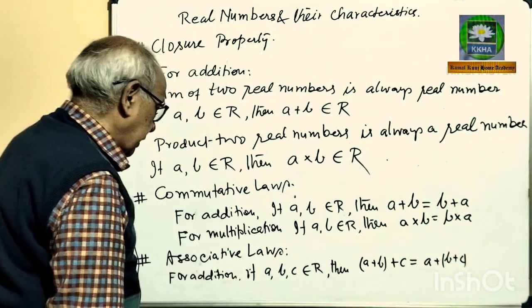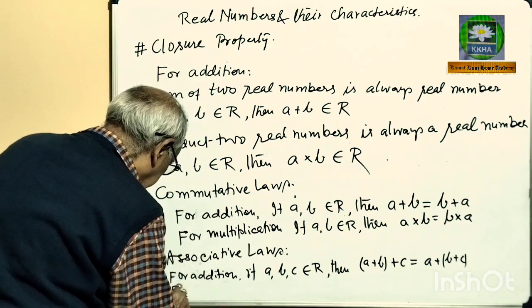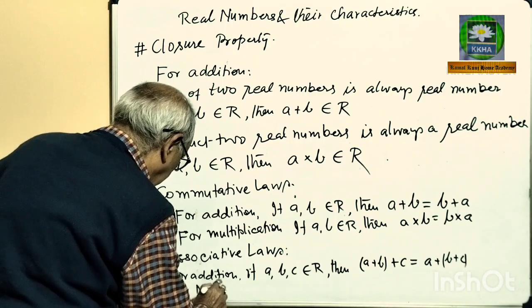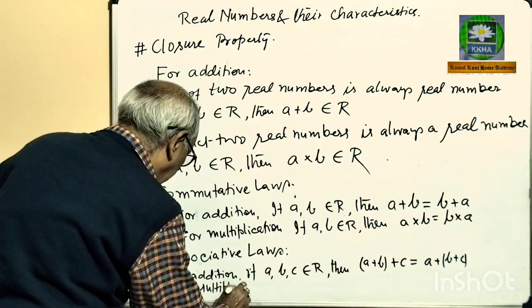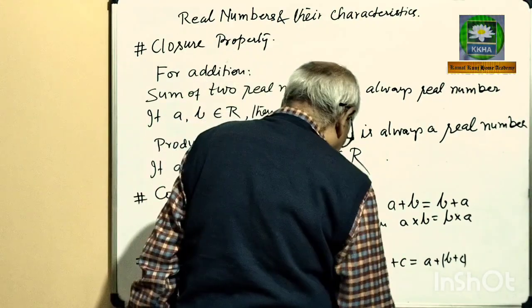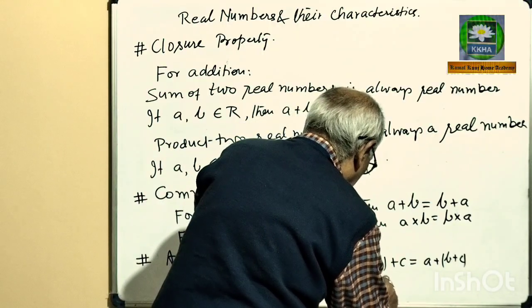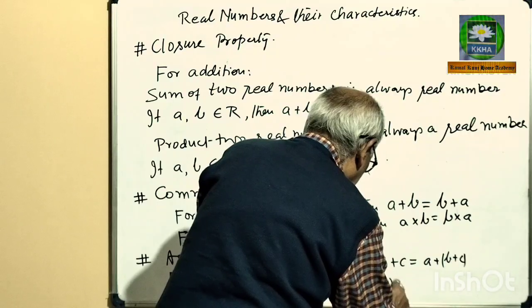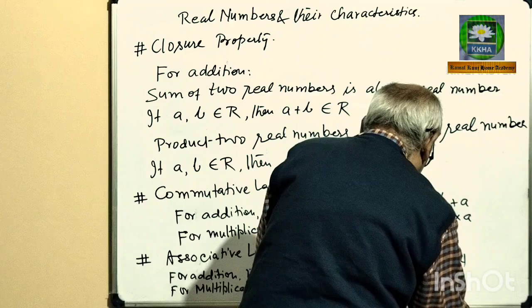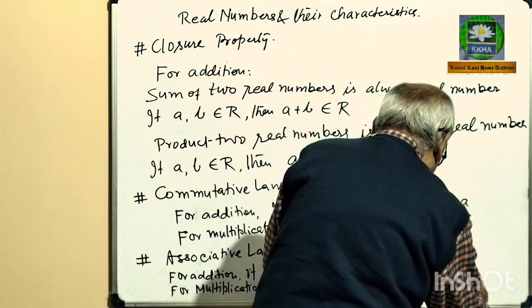Associative law for addition. And for multiplication, if A, B, C are real numbers, then (A multiplied by B) multiplied by C is equal to A multiplied by (B multiplied by C).